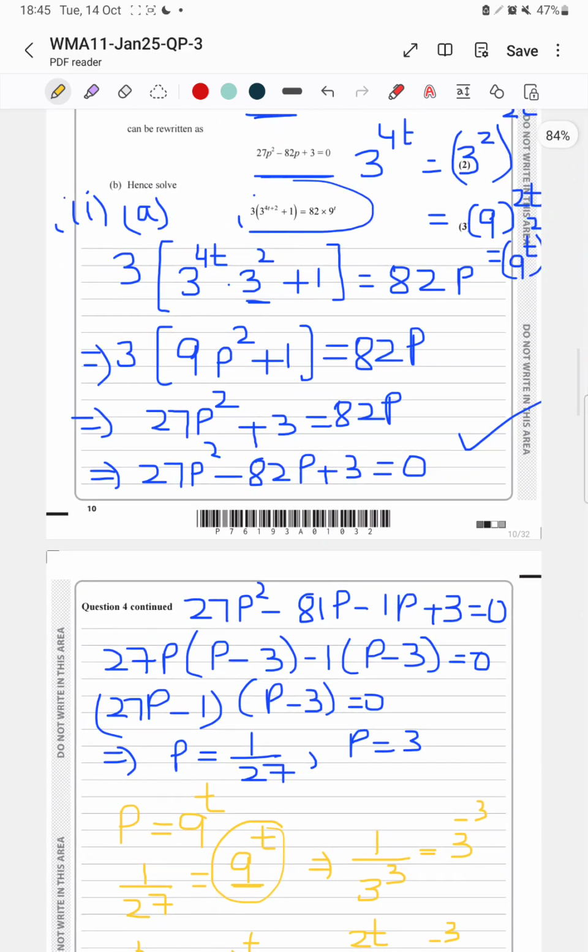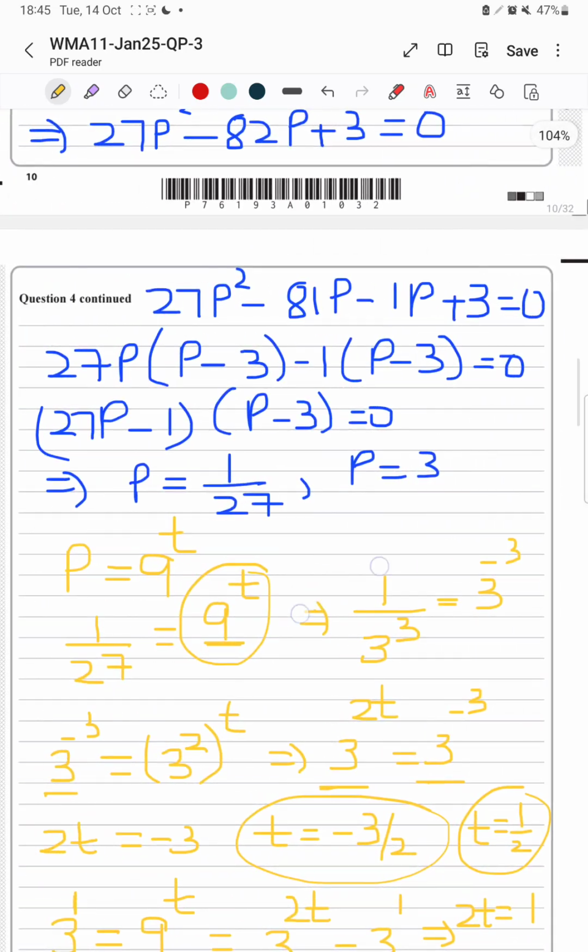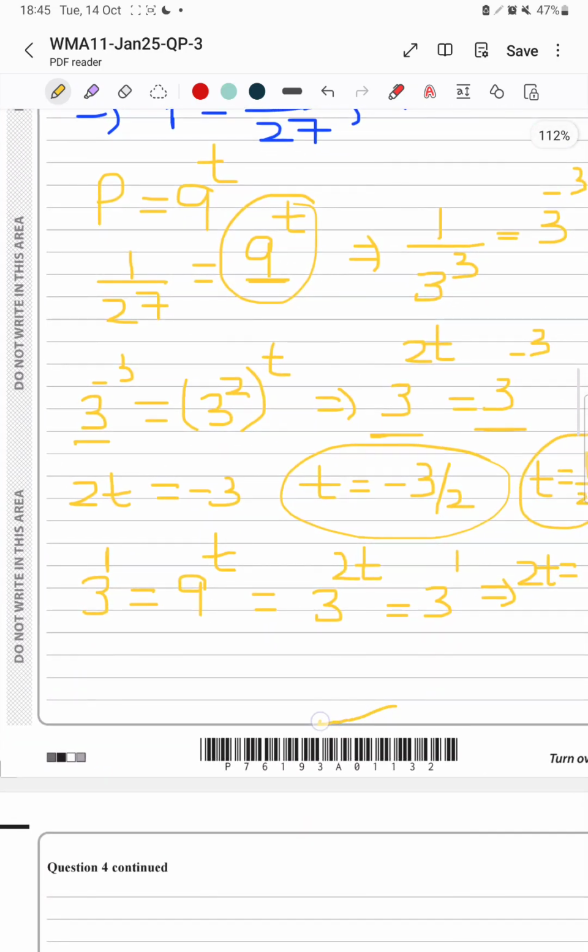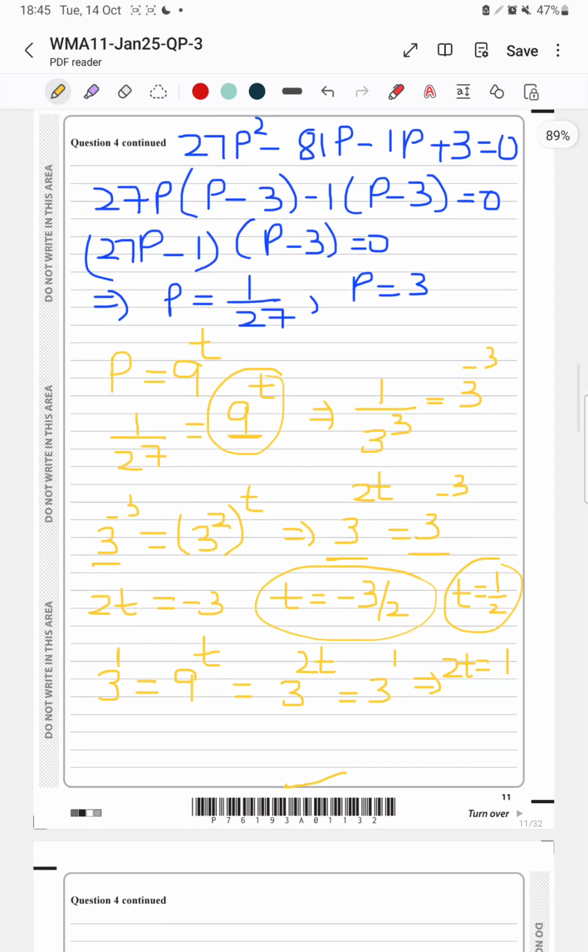Let's check. No, they have not mentioned anything. So my final answers are t equal to negative 3 by 2 and t equal to half. See, we did the substitution and converted the equation into the form of p just to make it easy, but the final answer should be in terms of t.